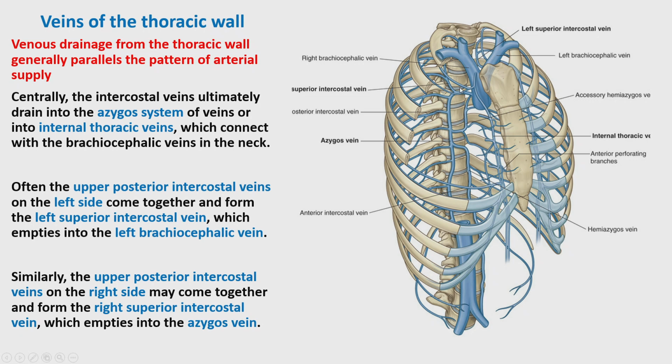But the upper posterior intercostal in the right side is making the right superior intercostal vein, which is draining to the azygos vein and finally to the superior vena cava. This is the difference between the right superior intercostal vein, which is draining to the azygos vein, and the left superior intercostal vein, which is directly draining to the brachiocephalic vein.